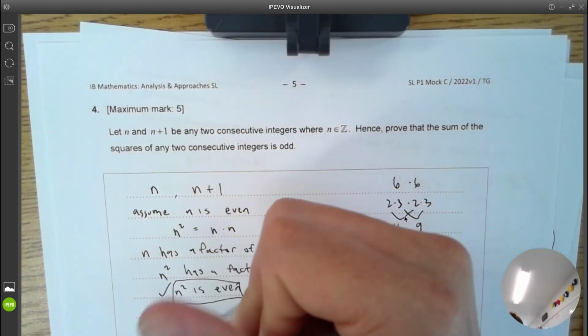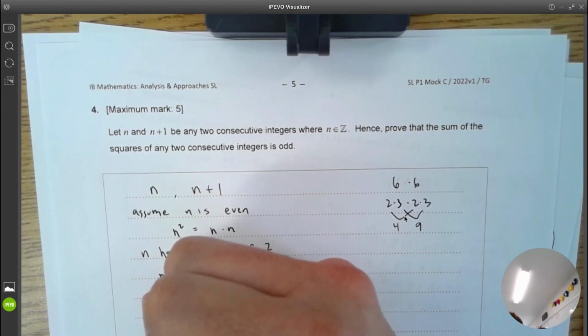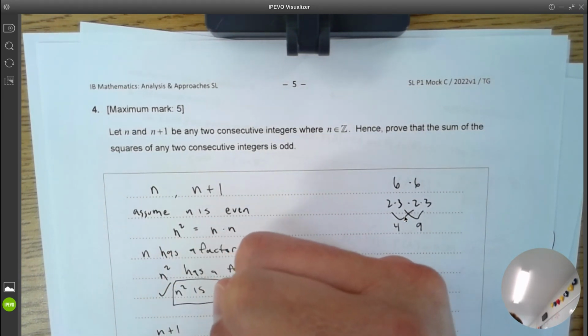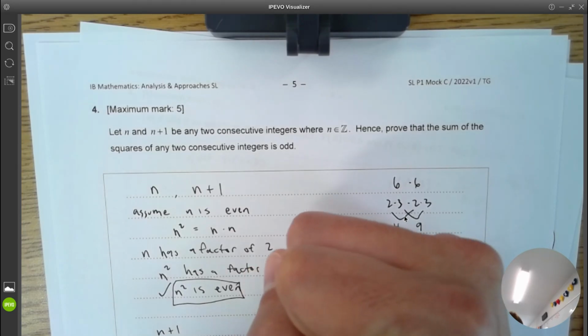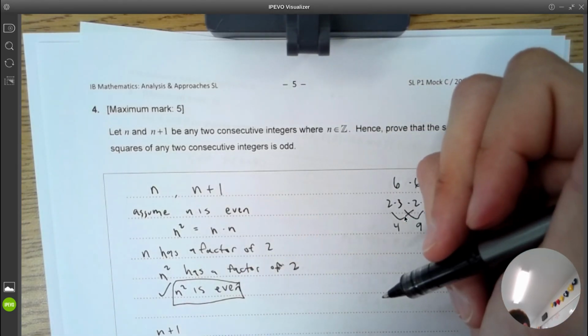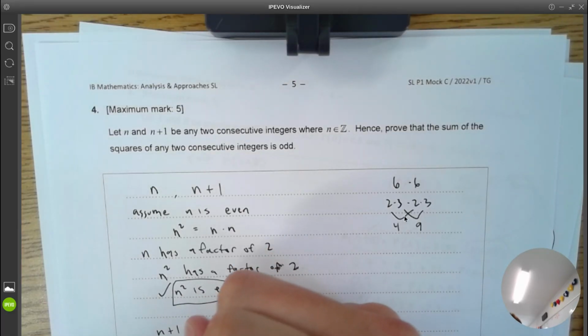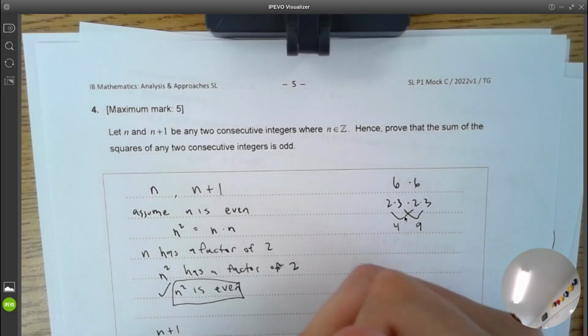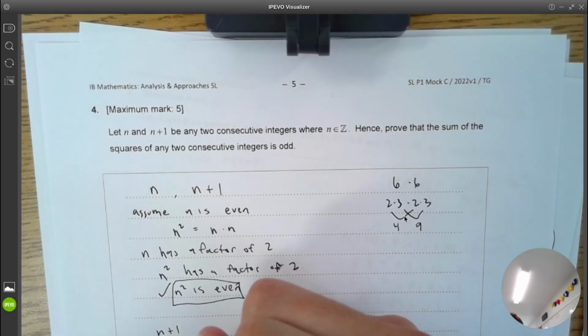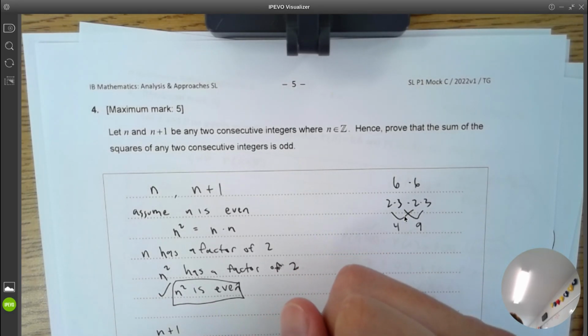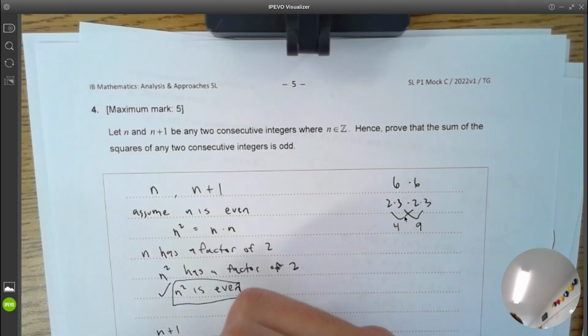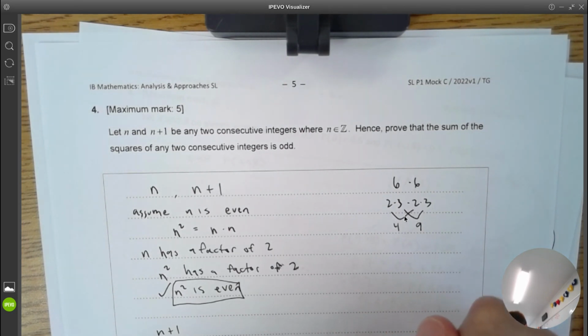Then let's talk about n plus 1. Let's say, assume n plus 1 is odd. Well, that means that n plus 1 squared, let's say that n plus 1 does not have a factor of 2.